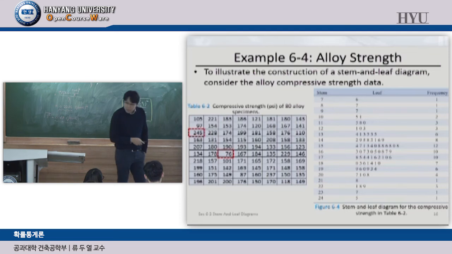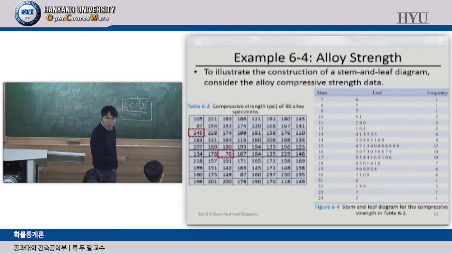So this is the stem and leaf diagram. This is the minimum, so the starting point of the stem should be 7. The maximum value is 245, so the last value of the stem should be 24. We can construct the stem column first, then construct the leaf column based on the remaining digit.